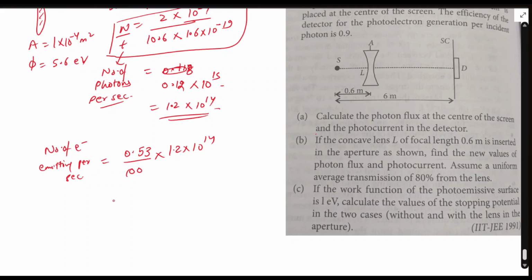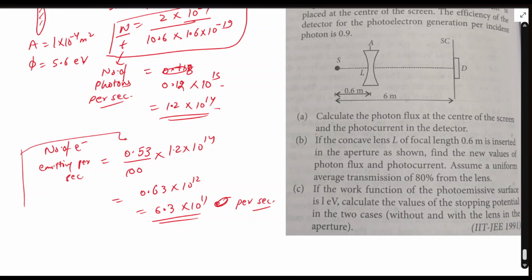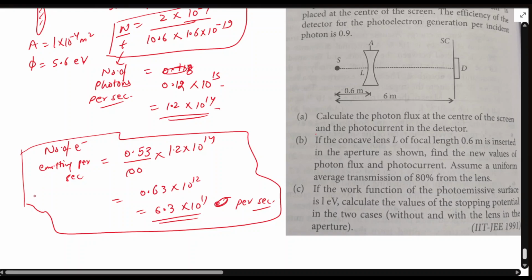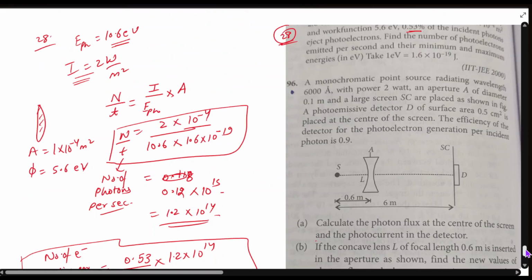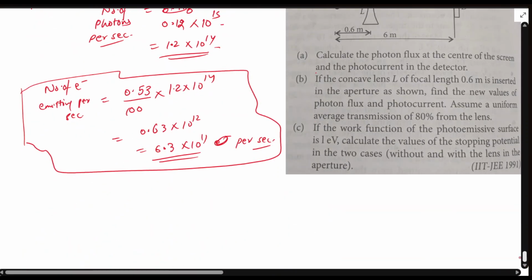It comes out to be 0.63 into 10 raised to power 12. So it will be 6.3 into 10 raised to power 11 electrons per second. Okay, so these are the electrons which will be emitted from the surface, right? Now, if we want to find the minimum and the maximum energies, the minimum will be zero, right?